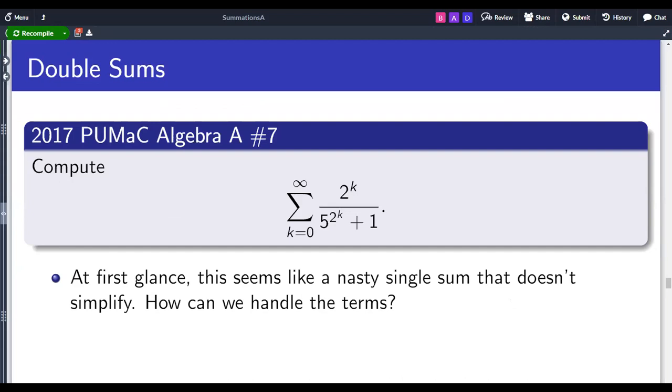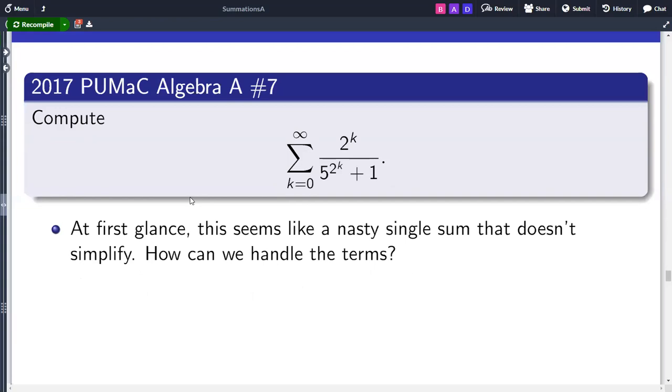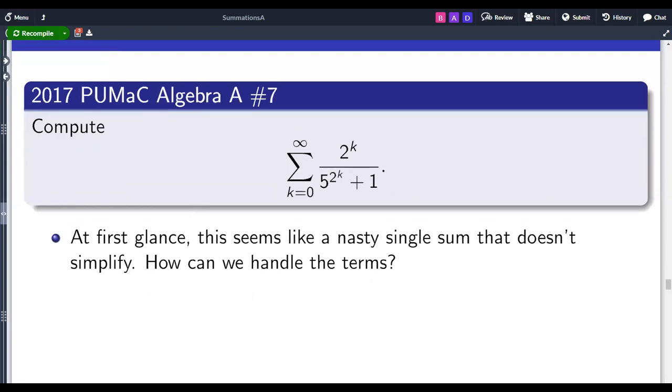So how can we handle these terms? Any ideas? So let's see.